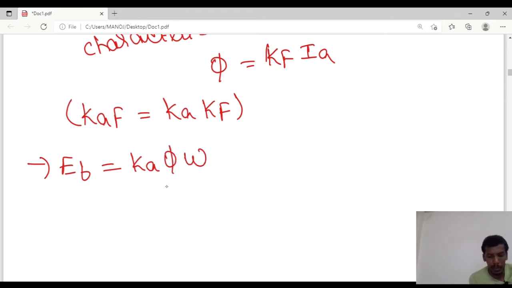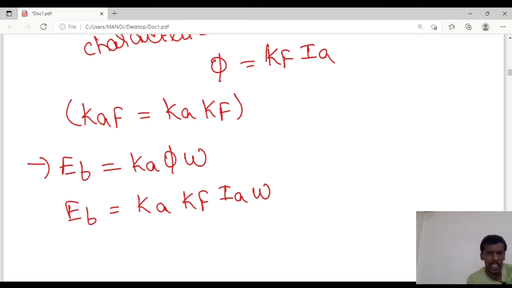From this I can write Eb equal to Ka into Kf into Ia into omega, replacing phi with Kf into Ia. So Eb equals Kaf Ia into omega.